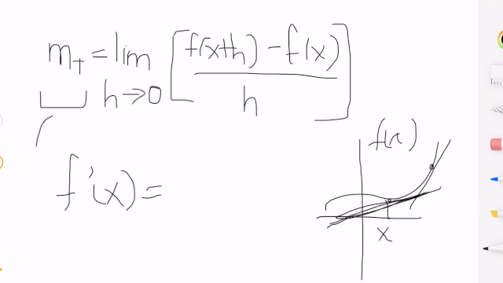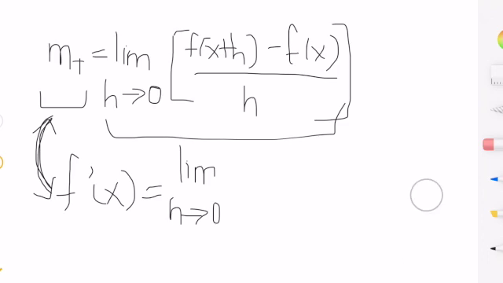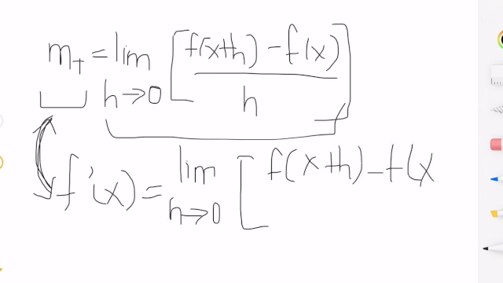And if you notice it, both of these want to communicate the same thing, so we can say that f prime of x equals the limit of this as h approaches 0 of this whole quotient. And there we have it, a general formula that will help us to find the slope of the tangent at any point of the function.